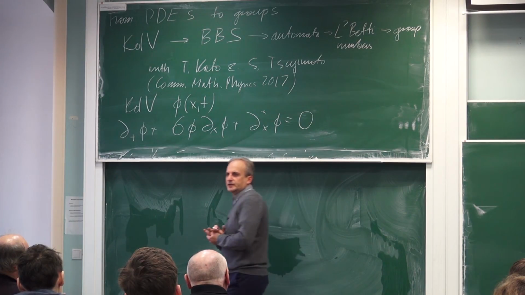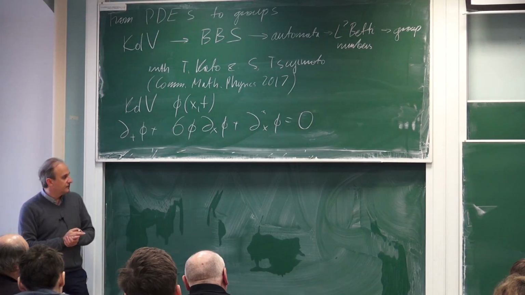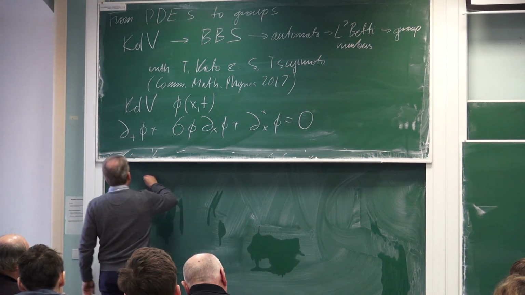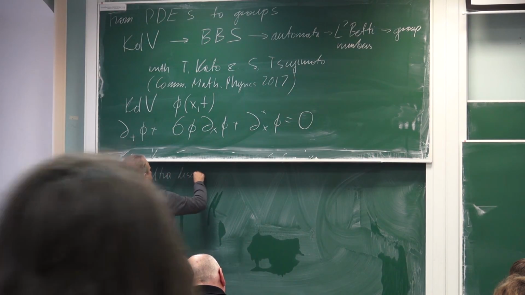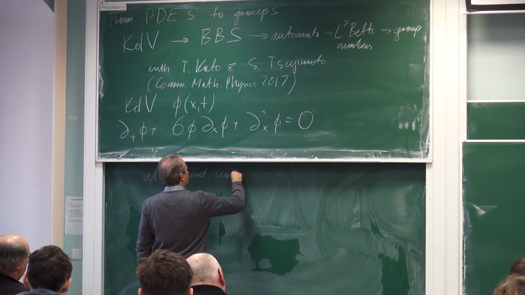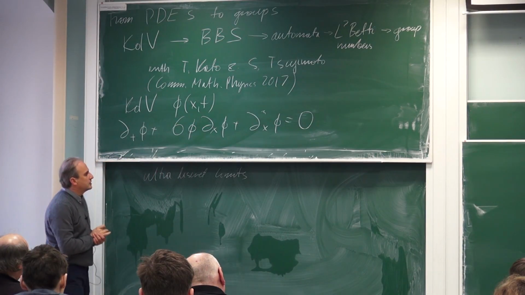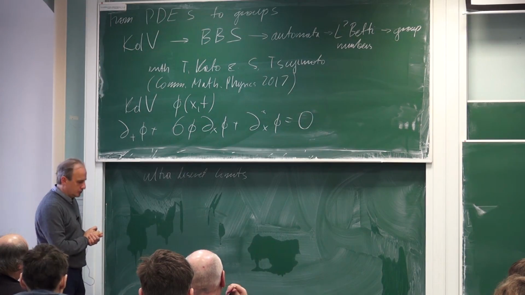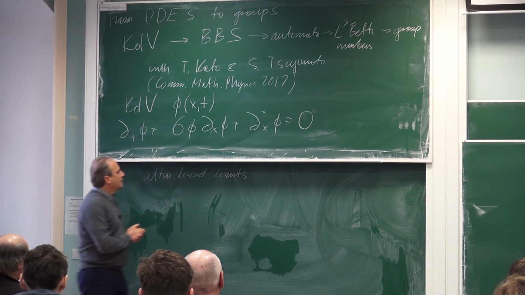Yet there is another way of obtaining a limit from these discrete versions. One can consider so-called ultra-discrete limits, using procedures which are related to so-called tropical geometry.